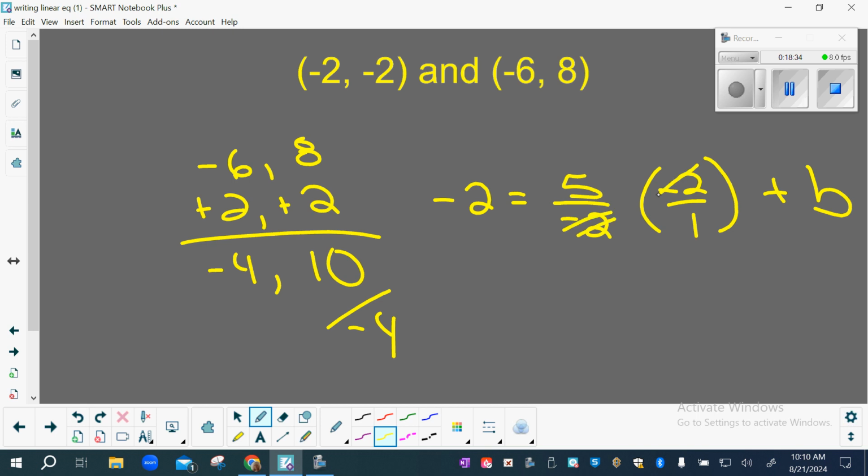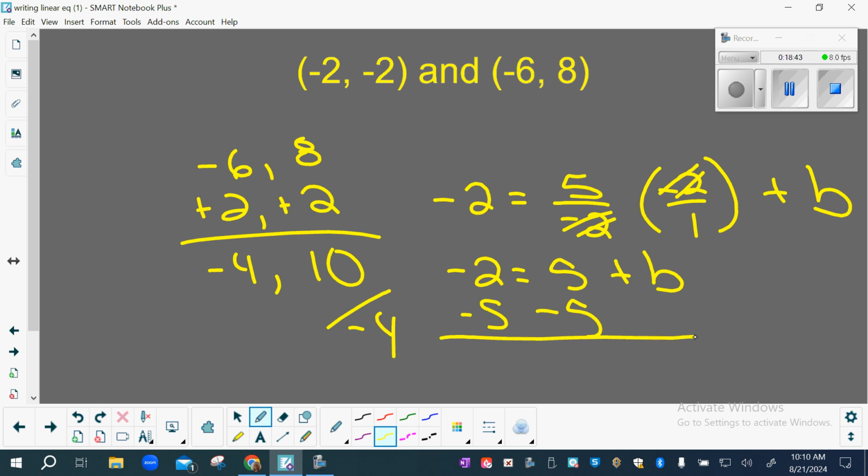Cancel. -2 equals 5 plus b. Man, those negatives and positives, it's what's going to kill you. It's not going to be the math. There you go. So here's my answer. Y equals 5 over -2x minus 7. How do we do? Okay?